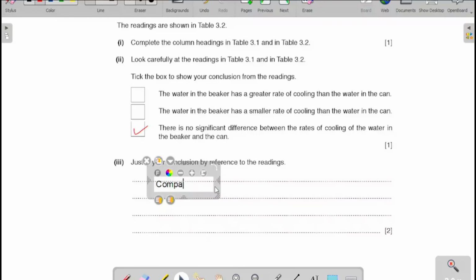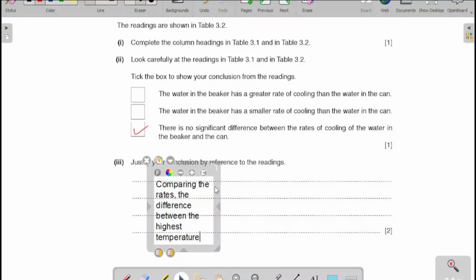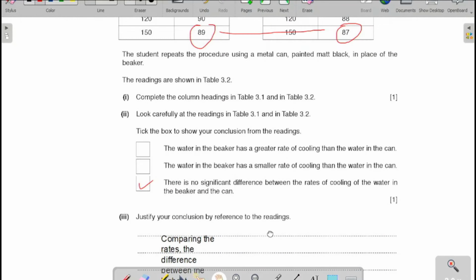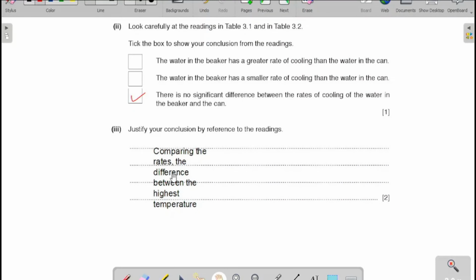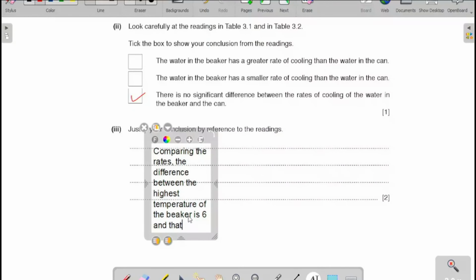I can say comparing the rates, the difference between the highest and lowest temperature of the beaker is 6, and that of the can is 5.